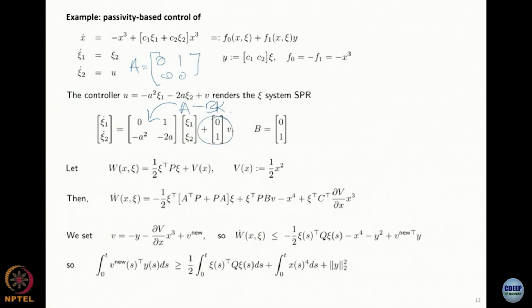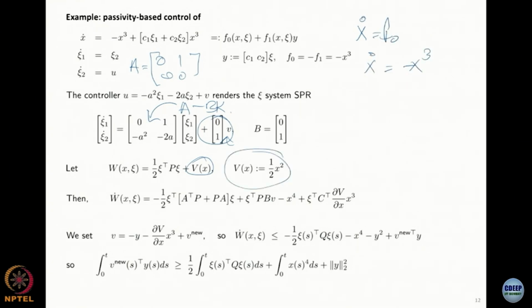And my Lyapunov function that I'm going to use to figure out this input is going to be V, which is a Lyapunov function for the system x dot equals F0, which in this case is just x dot equals minus x cubed. So V equals x squared will do, right?